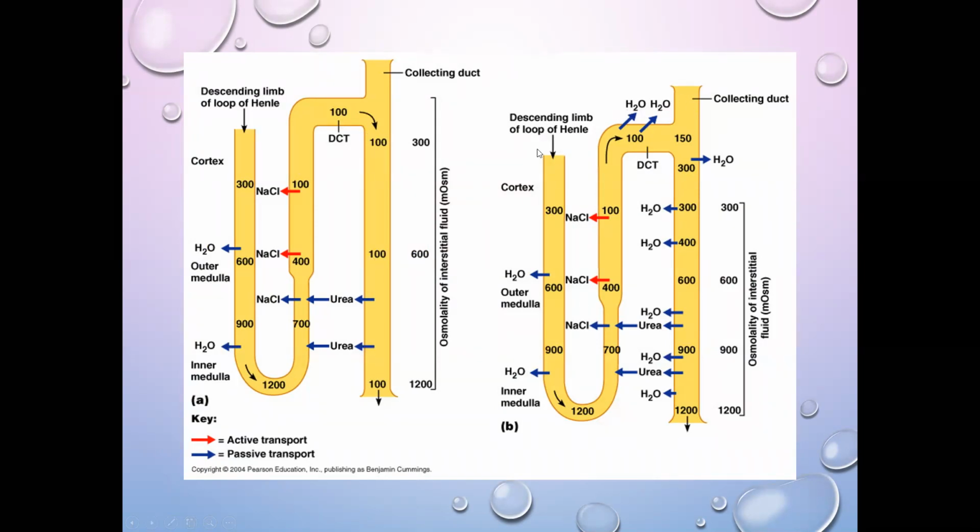But then in the presence of, let's do it. Okay, so in the presence of ADH, right here, we're going to increase the number of aquaporins in the tubule cells here.